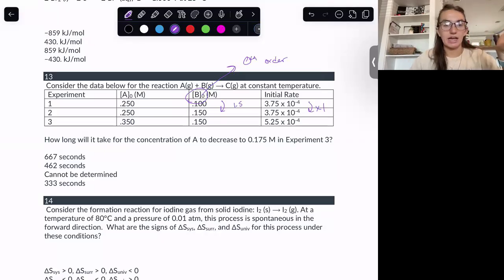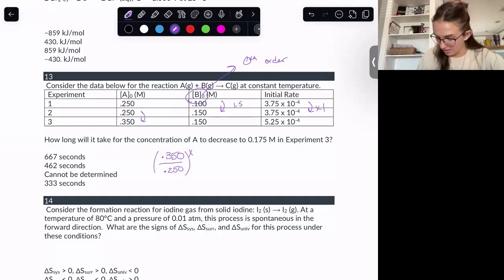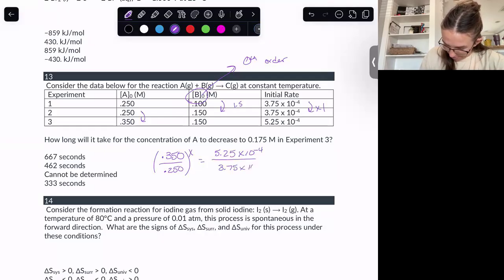Which means that the rate change is going to be reflected off of the change in A. So if we look at experiment 2 to 3, we'll have 0.350 over 0.250, all to an x power because we don't know the order, and 0.525 times 10 to the negative 4 over 3.75 times 10 to the negative 4.